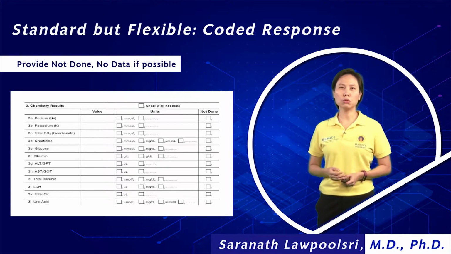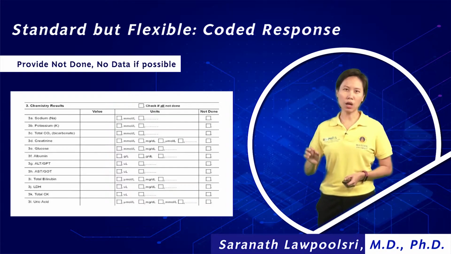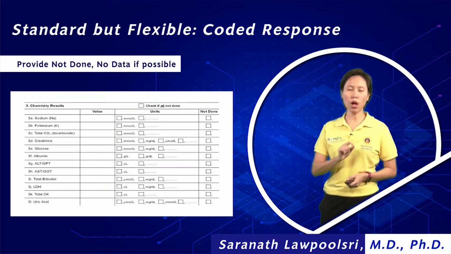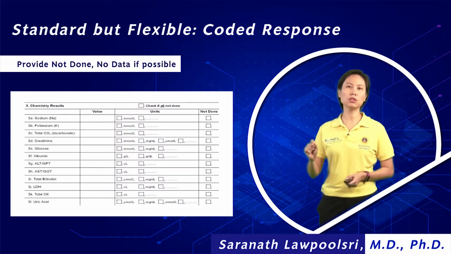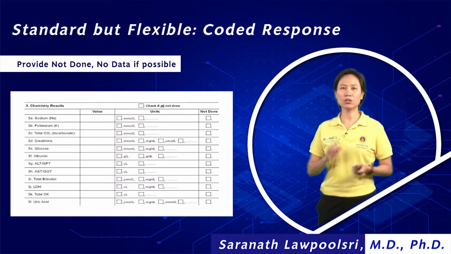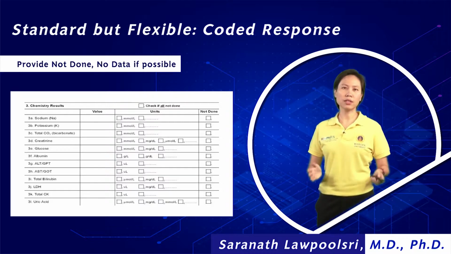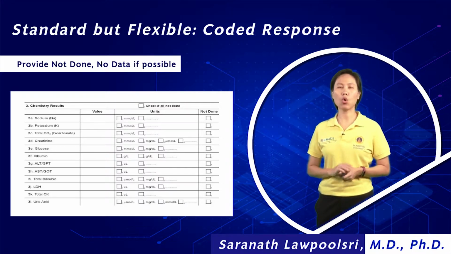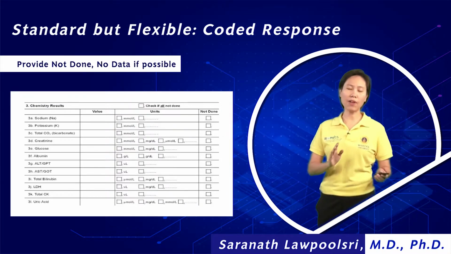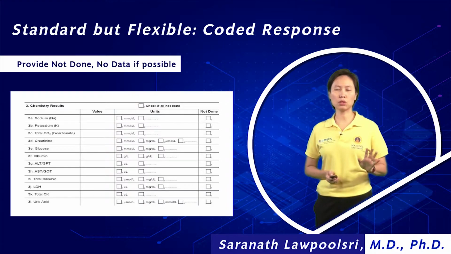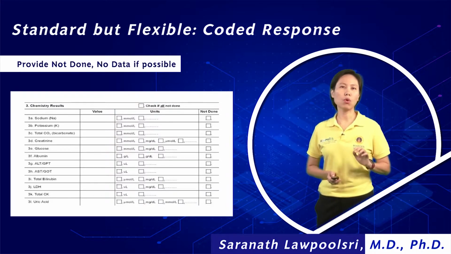So you should always put a checkbox for not done or not available, to make sure that you looked through all of that information but could not find it. Could not find the information could mean, as I said, the patient doesn't have that particular condition, or we didn't actually evaluate that particular condition. So this makes your data more valid.